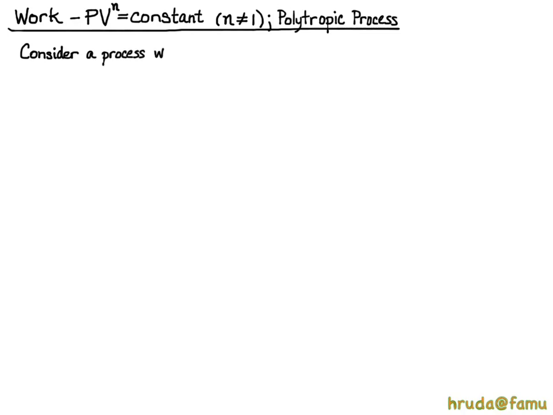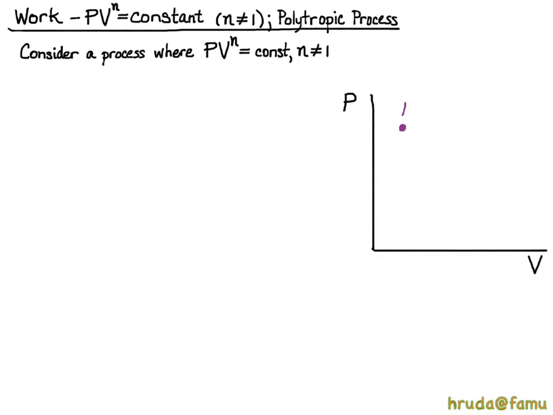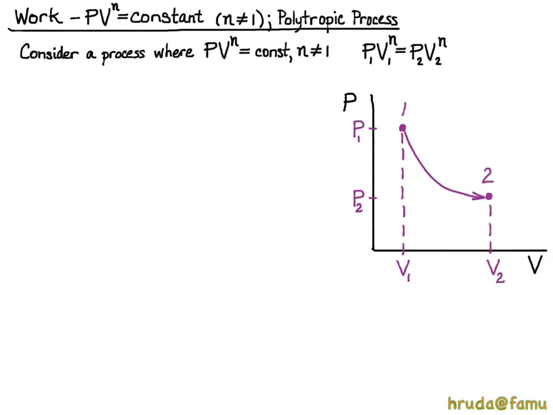So if we're looking at this polytropic process where P times V to the n is equal to a constant and n is not equal to 1, looking at the process on the PV plot, we can go from state 1 to state 2 in a process where P times V to the n is equal to a constant. And you'll say, well, that looks exactly the same, but it's not. But in this process, P1 times V1 to the n will be equal to P2 times V2 to the n.